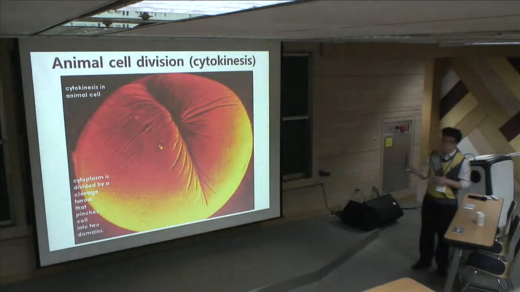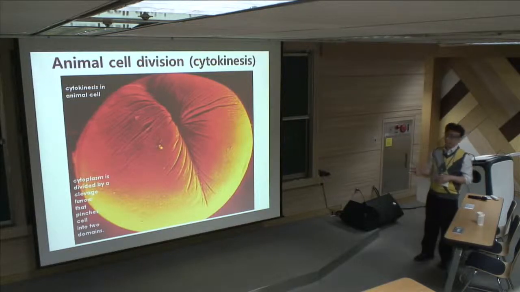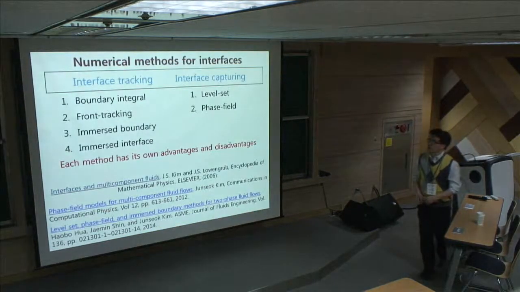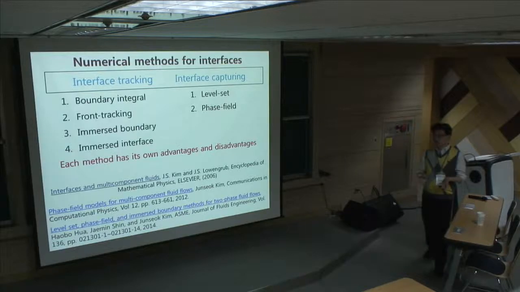First of all, we have to decide where the cleavage location is, so we have to model the decision of that cleavage location. As I told you already, I'm interested in the morphology transition, the outside shape.